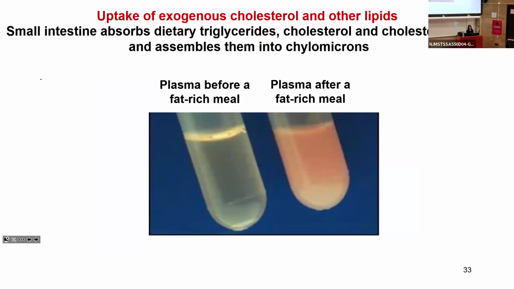And here, this is quite an astounding visual. On the left-hand side, you take a blood sample, you spin down all the cells, and you look at the plasma, and it's nearly transparent. After a fat-rich meal, there used to be a Burger King downstairs in the cafeteria, so say you visit the neighborhood Burger King, and then you do the blood sample maybe an hour afterwards, you spin out all the cells, and you see this kind of opacity.